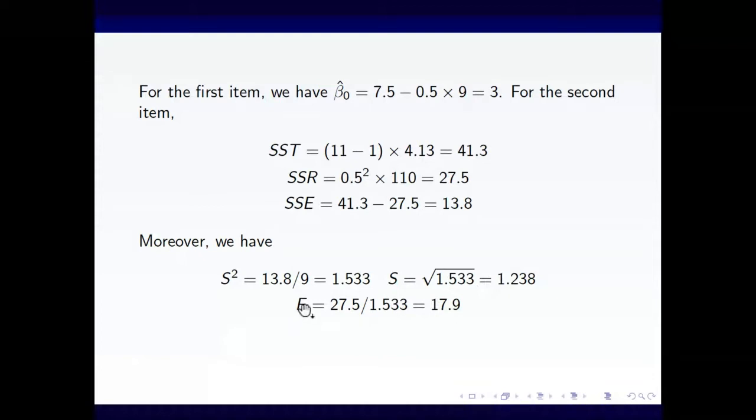And then F, which is MSR divided by MSE. So MSR is equal to SSR, 27.5, and MSE is 1.533.